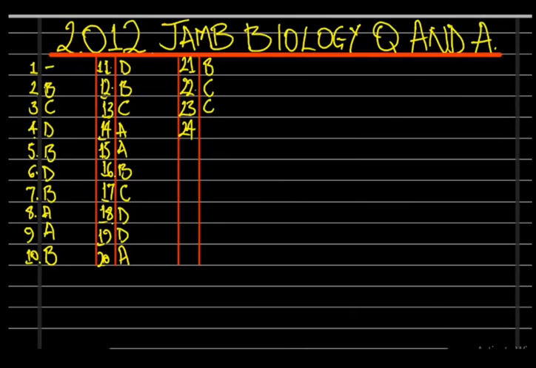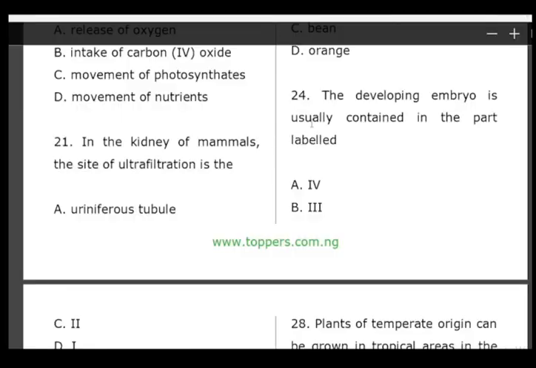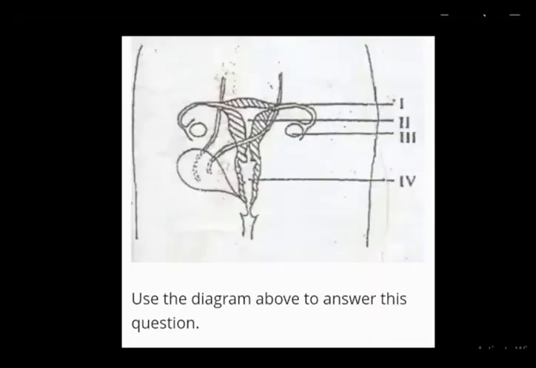So for question 24 now, we need to see this image here. Use this diagram to answer the question. This diagram is showing the female reproductive part. So we are using this diagram to answer the next questions.